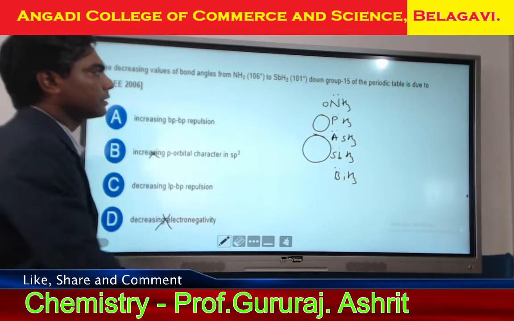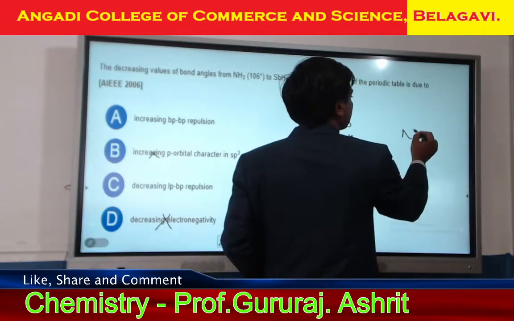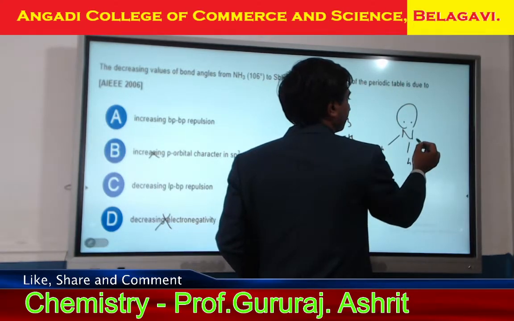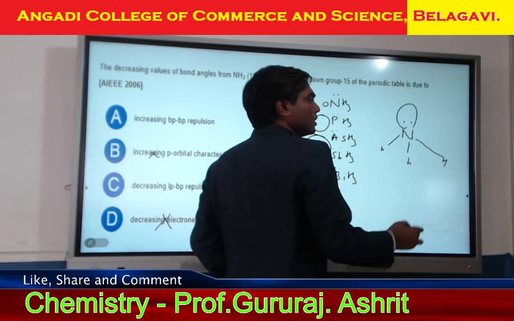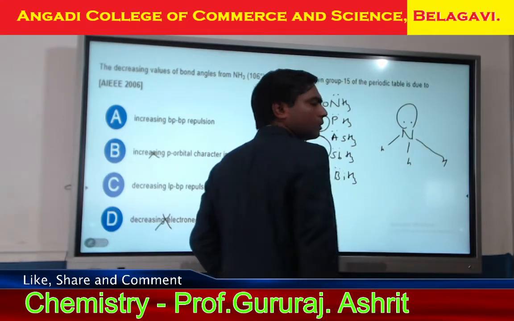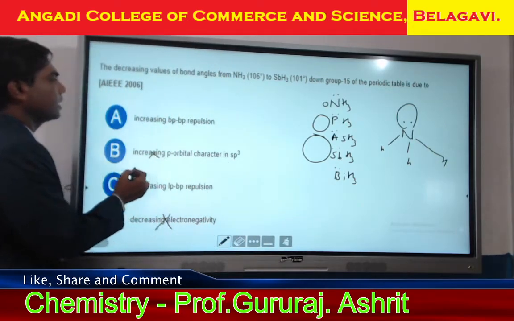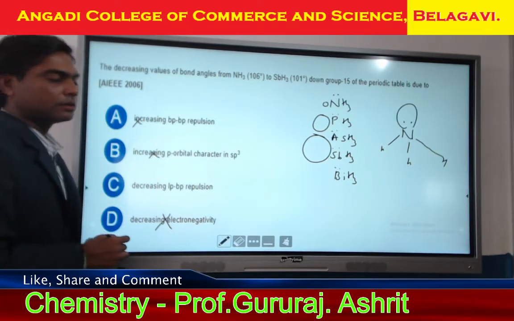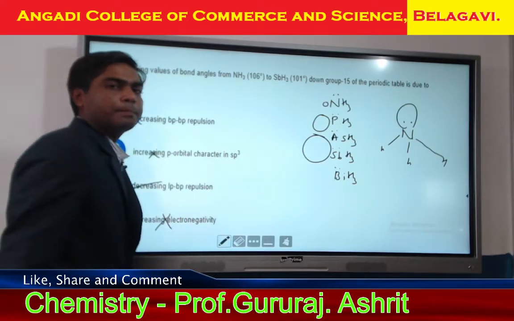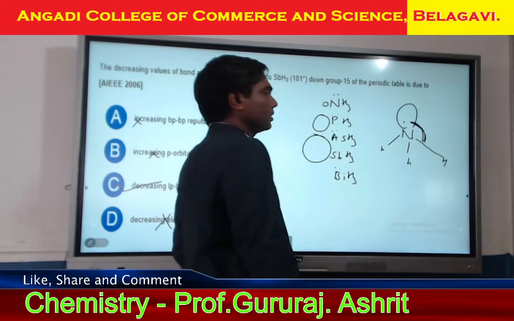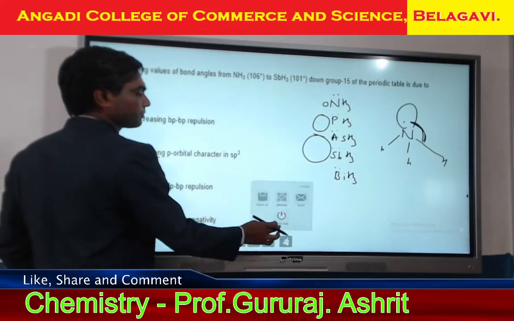If I draw any one of the structures, we have a lone pair, H, and here H. These are bond pairs, this is a lone pair. There is only one lone pair, therefore there is no option of thinking BP repulsion. The answer is LP repulsion, that is lone pair and bond pair repulsion. So the answer is C. Next question.